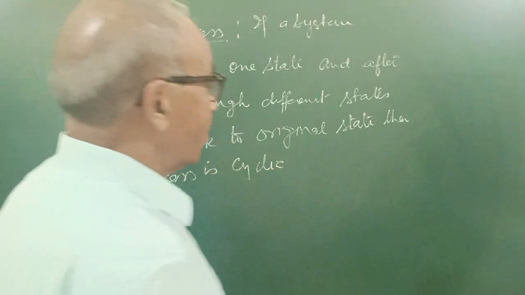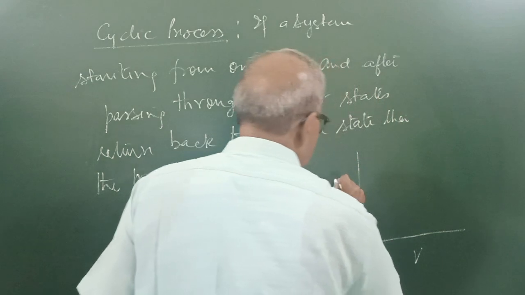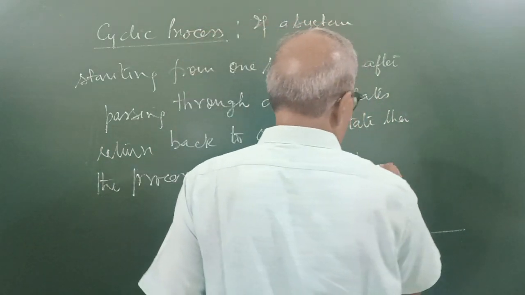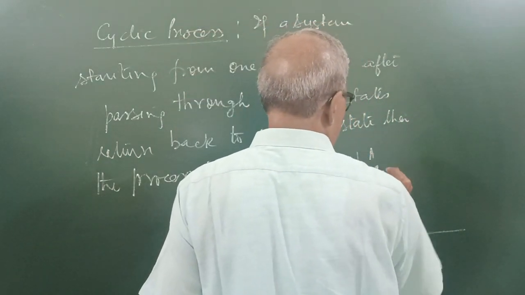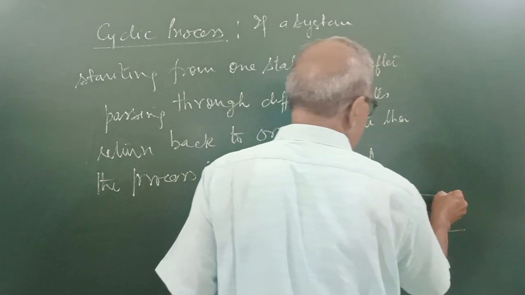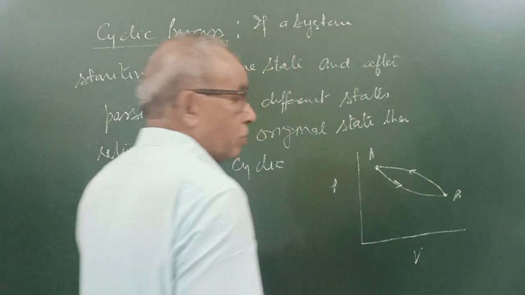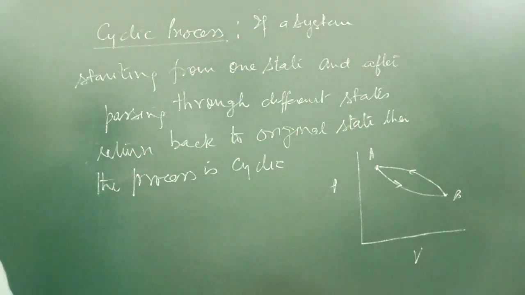We can represent it graphically like this: volume, pressure. State A goes to B and then returns back, suppose by this process. This is a cyclic process.